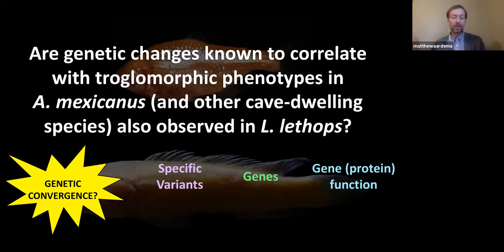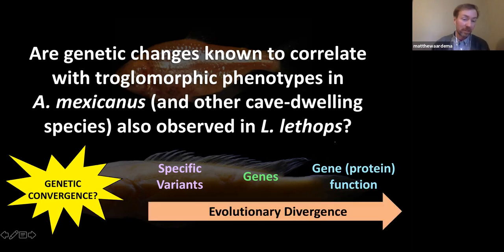And then the furthest out, where it gets a little bit nebulous whether you could consider it genetic convergence, is looking at different genes which are believed to have the same function, and really the proteins encoded by those genes, whether those have the same function. And then do you see changes in those genes that may explain this convergence in phenotype?